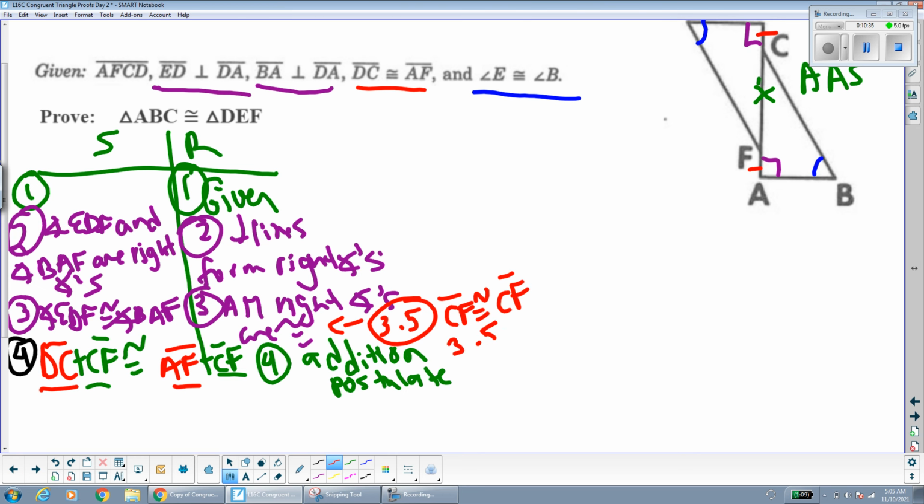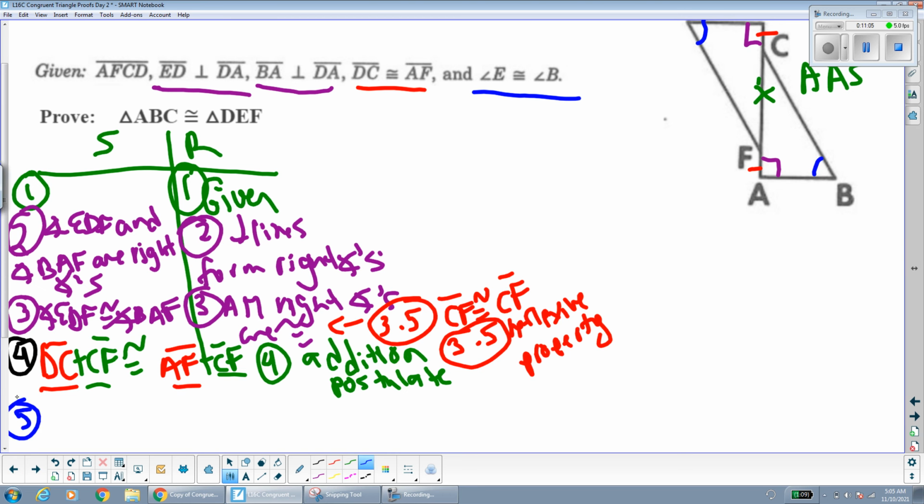And the reason for step 3.5 would be the reflexive property. So just note that the reflexive property statement needs to come before the addition in order for the addition to work, because you have to be adding two congruent segments.